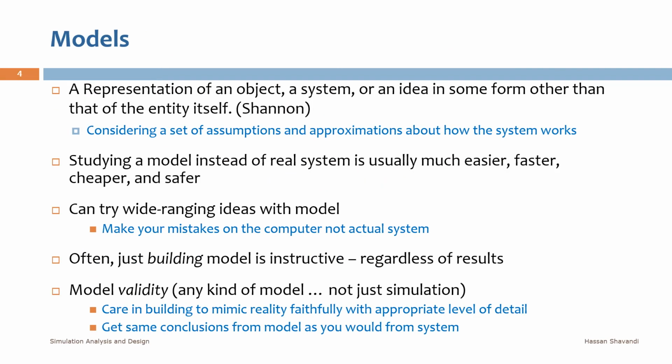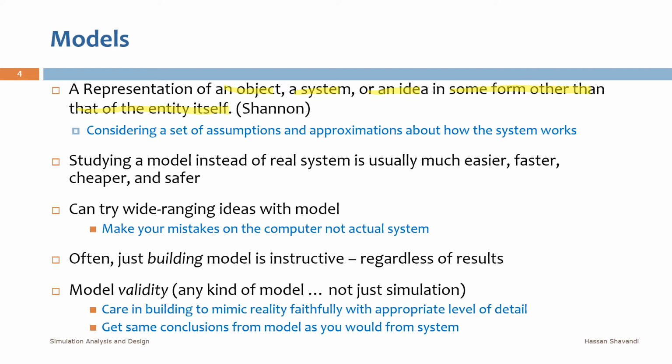so what's the definition of a model? A model is a representation of an object or a system or an idea in some form other than that of the entity itself. So this is the Shannon's definition for a model.